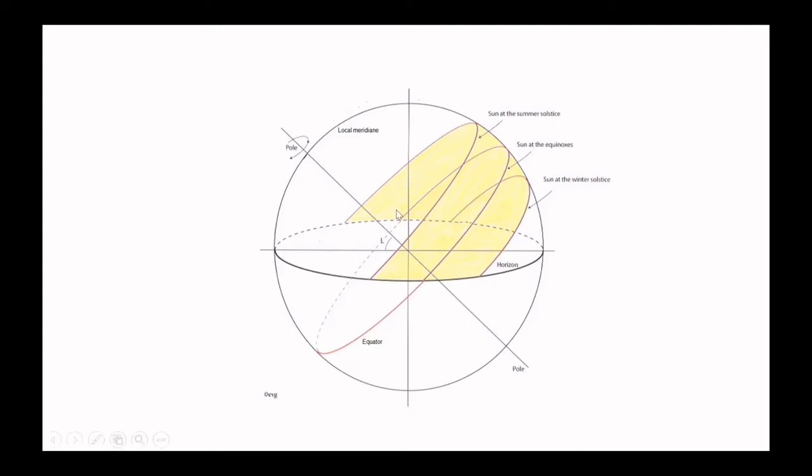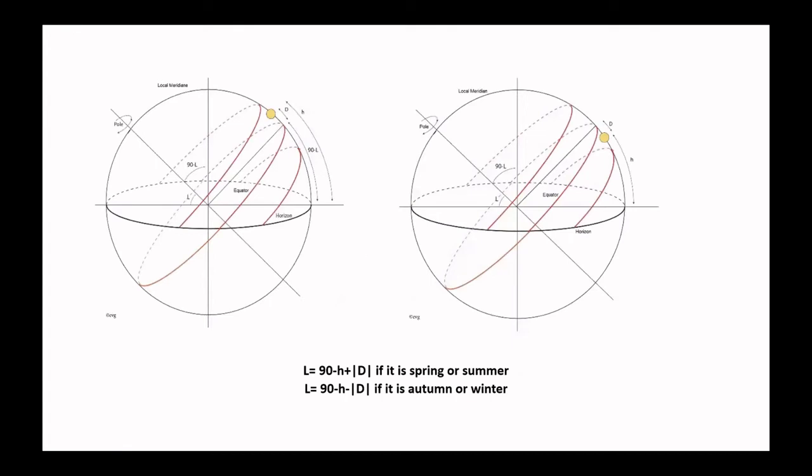This is the horizon, and for all of us, the pole is above the horizon in all places. It doesn't matter. In this case, we can consider that there are two possibilities. When the sun is in this position between the equator and the summer solstice, the altitude of the sun is the declination of the sun plus the colatitude of the site.